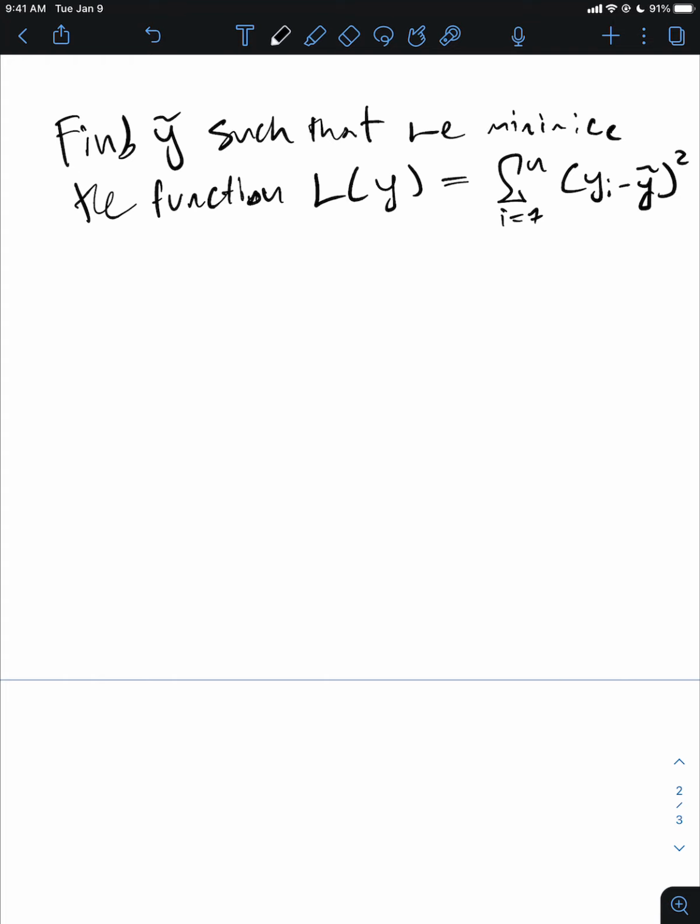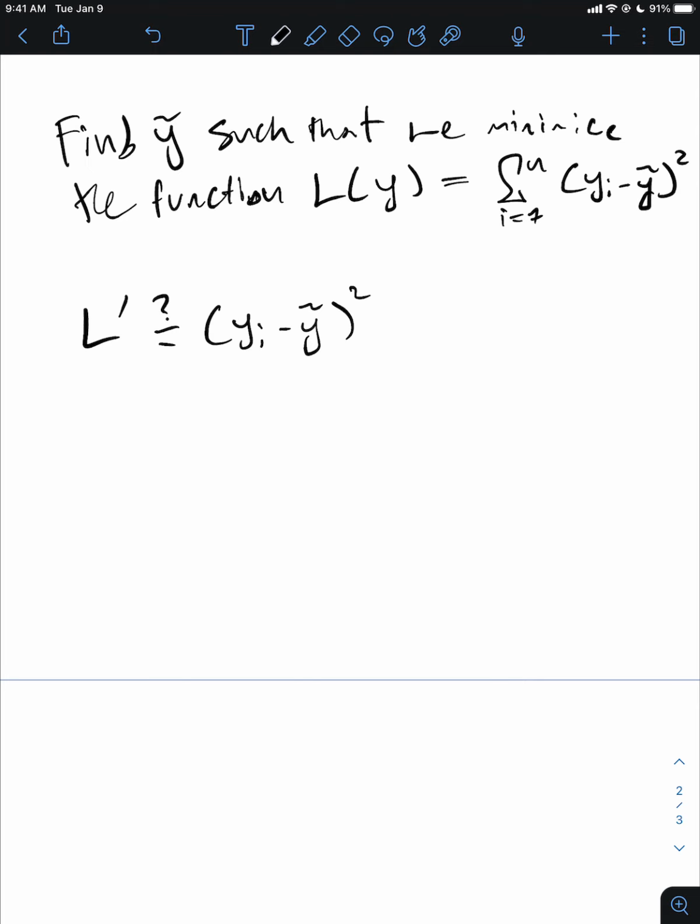So let's write out here L prime, and we're going to say question mark equals because we're not actually going to immediately find the derivative. We're just going to write out the function. And so we're going to write out here yi minus y tilde. And y tilde here is eventually going to be the mean. I'm hopefully not spoiling the surprise because I told you that from the outset. But we don't want to immediately identify it with the mean because that would be cheating.